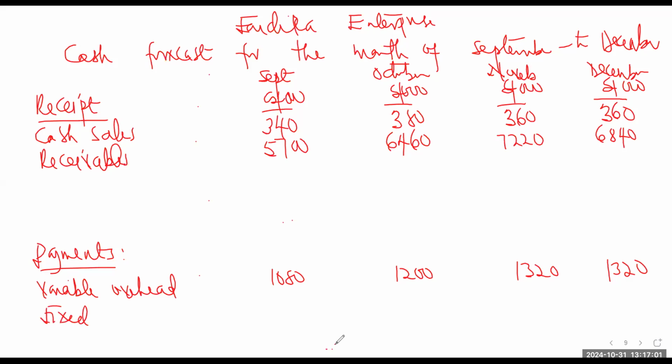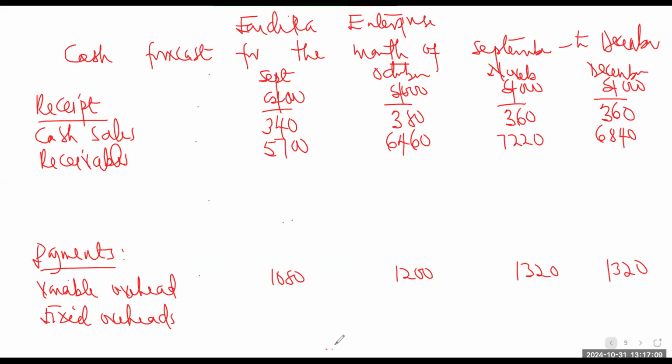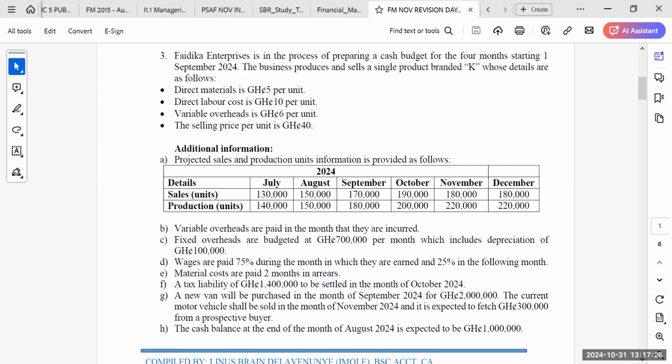So we have our fixed overheads to be 600,000 every month. If they give you a year, you divide by 12, isn't it? You don't have to do everything before you go there.